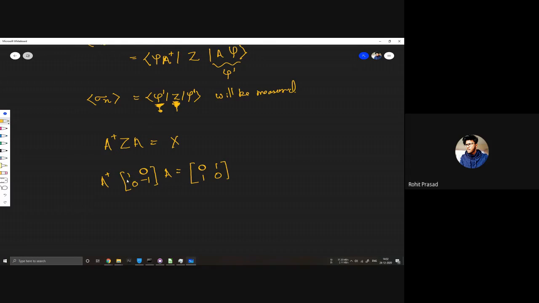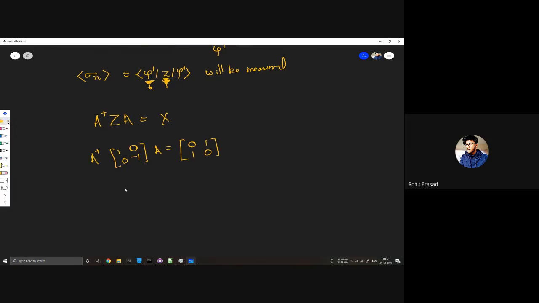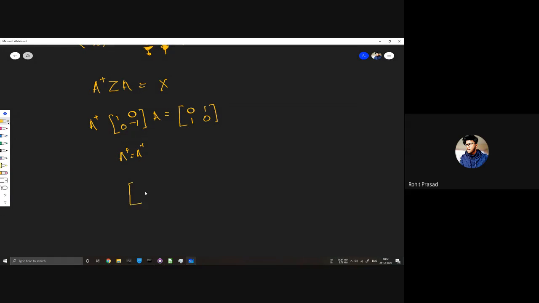Sorry for that. Okay, so if we see it here, and we know that A transpose is equal to A inverse, so what we can do is just write it here.